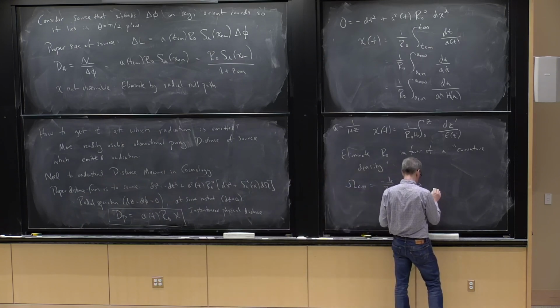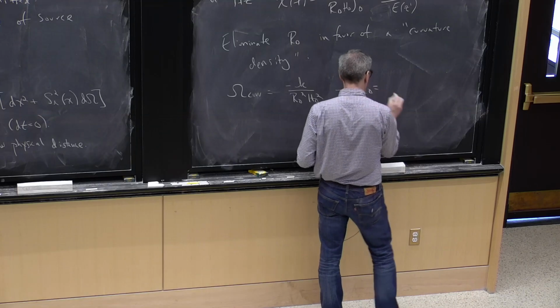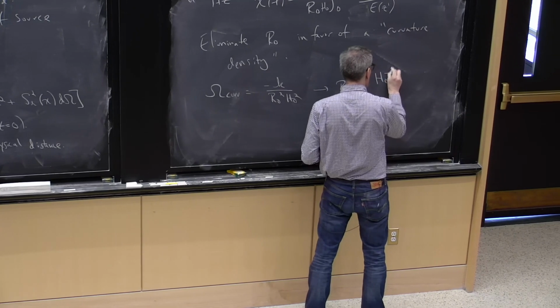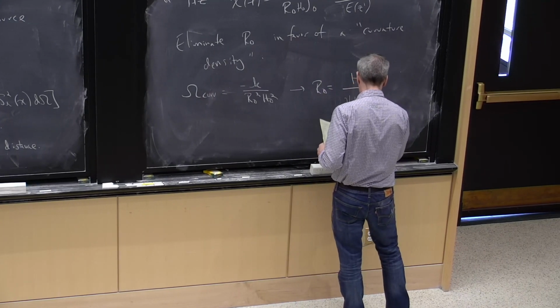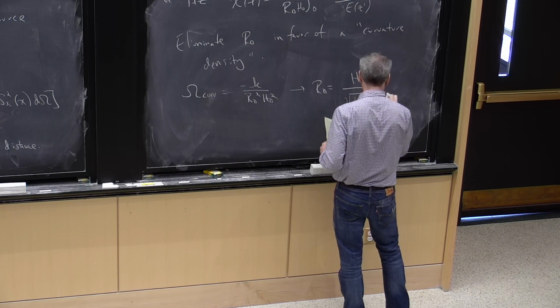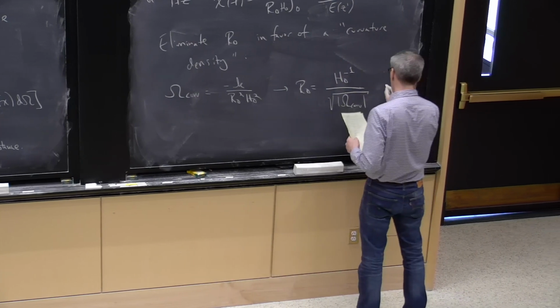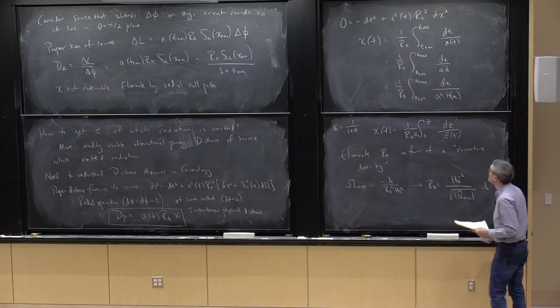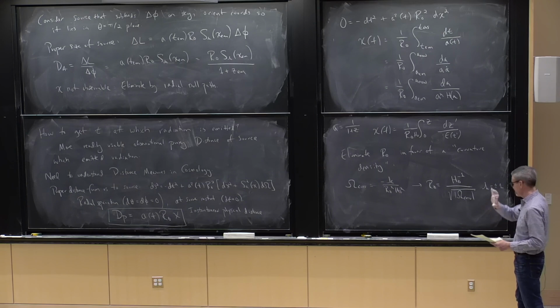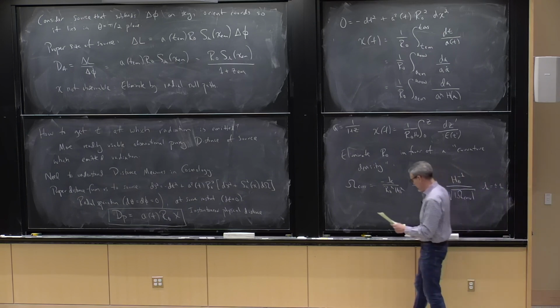That tells me that R0 is the Hubble constant now divided by the square root of the absolute value of the curvature, at least if k equals plus or minus 1. What happens when it's not plus or minus 1? Okay, if it's equal to 0, well, hold that thought.